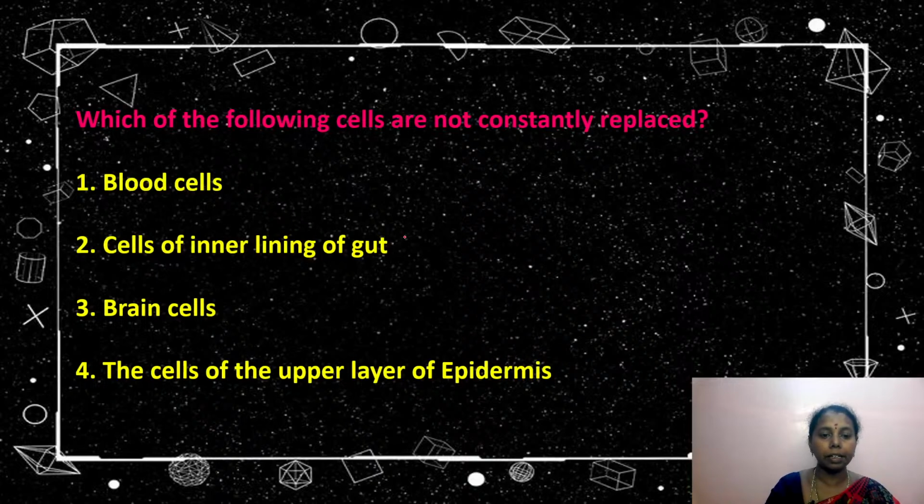Is it blood cell, or inner lining of the gut, or brain cell, or cells of the upper layer of epidermis? Yes, it is brain cell, Vaishnavi and Jeevan. Yes, for the previous question, it was correct. Excellent answer by you all.